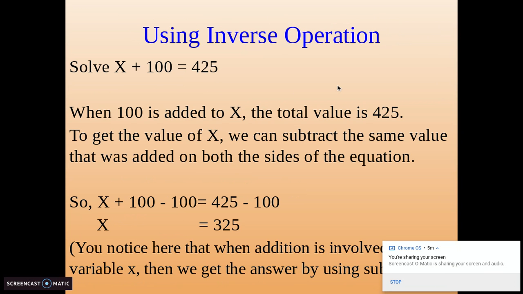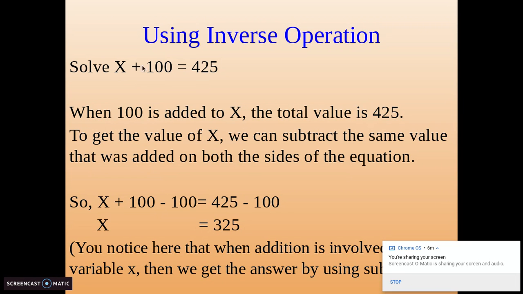The other method is using inverse operation. So for the same question, x plus 100 equals 425. Now, when 100 is added to x, the total value is 425. To get only the value of x, let's remove this 100 from x, and then we will get the value of x.